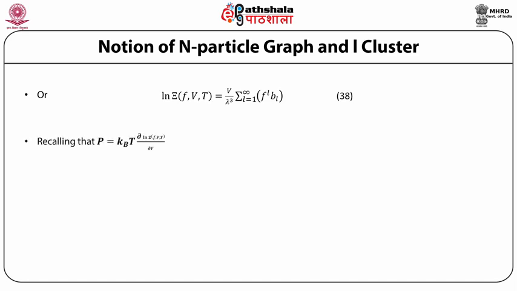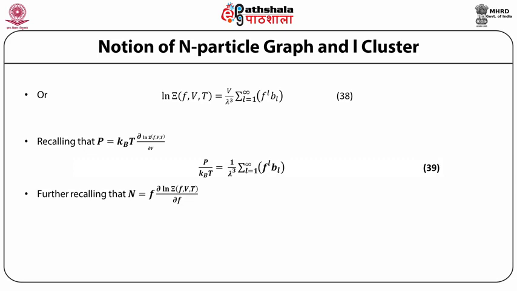Recalling that pressure P is equal to k_BT times the partial derivative of the log of the grand partition function with respect to volume, P upon k_BT is equal to 1 upon λ³ times the summation over l from 1 to infinity of f^l b_l.